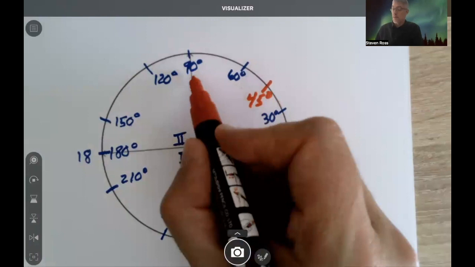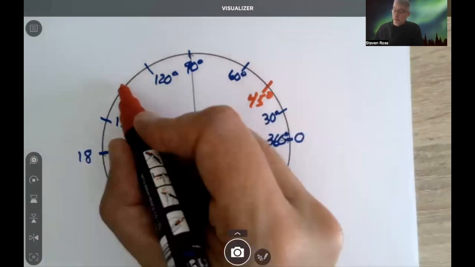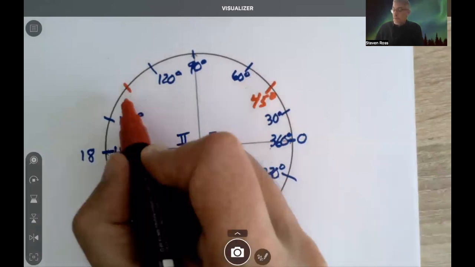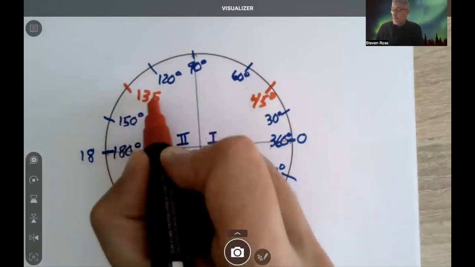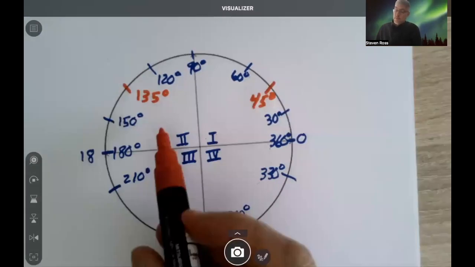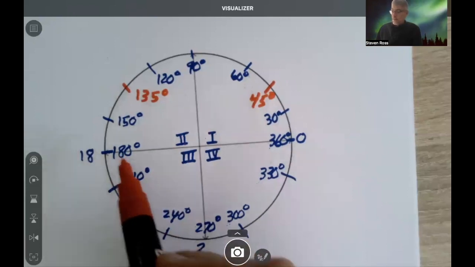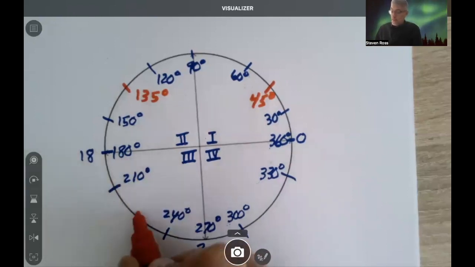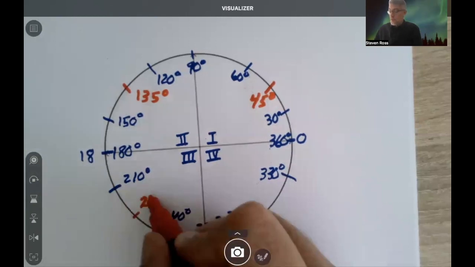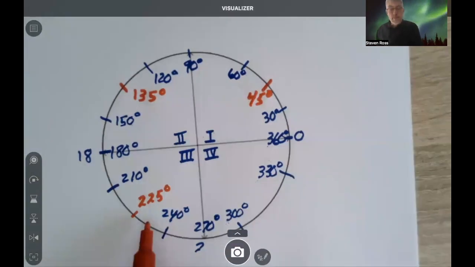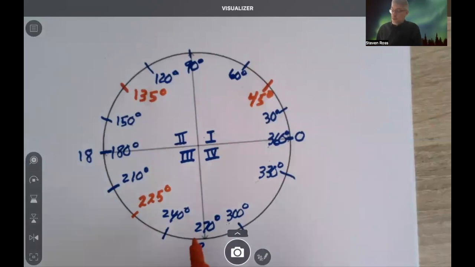I've already got that one written. 90 plus 45 is 135 degrees. 135 plus 45 gets us to 180. 180 plus 45 is 225 degrees. 225 plus 45 gets us to 270.